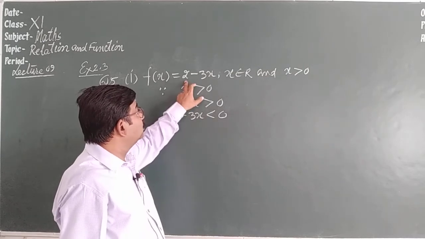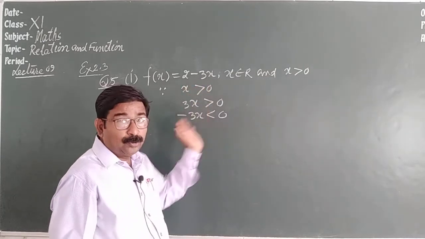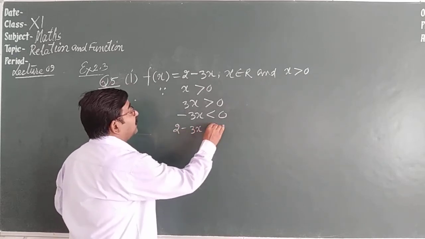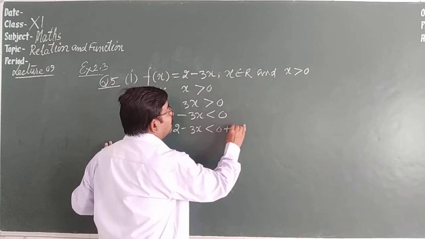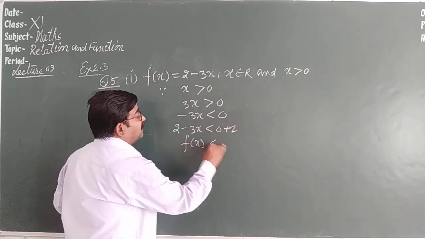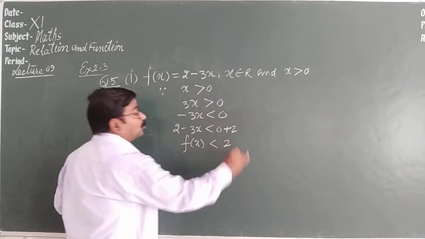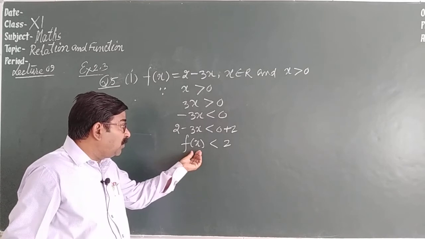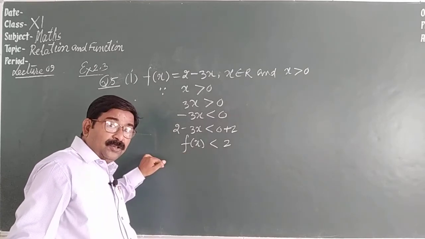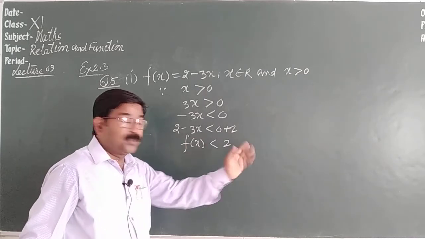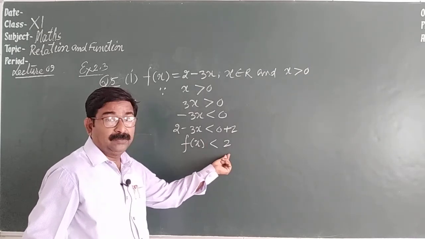Now we need 2 minus 3x. Add 2 on both sides. So we have 2 minus 3x is less than 0 plus 2. And 2 minus 3x is f(x), so f(x) is less than 2. This means the value of the function is less than 2, it is not more than 2, and 2 is not included.